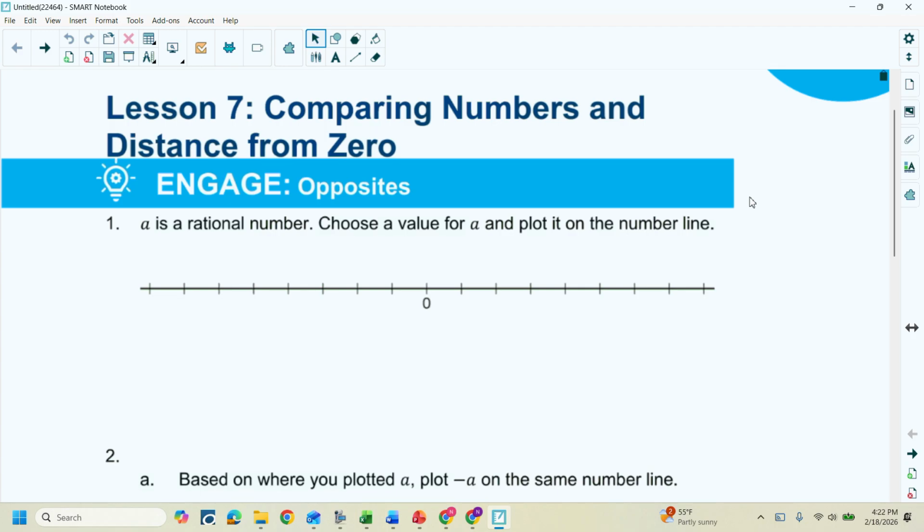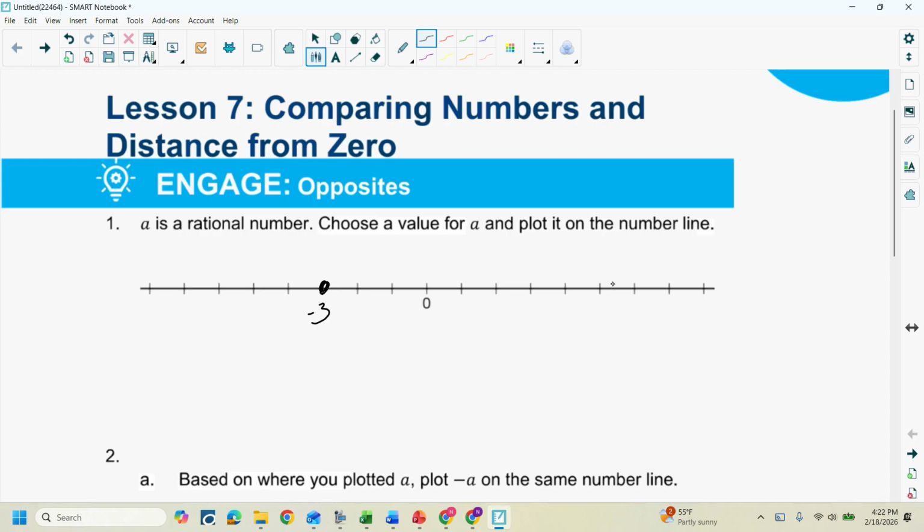So, A is a rational number. Choose a value for A and plot it on the number line. And so, you have all sorts of options that you can put for A. Okay, so you could put the point here and say -3.